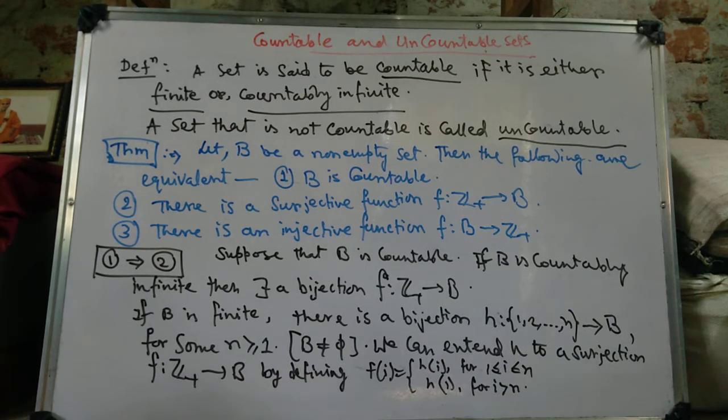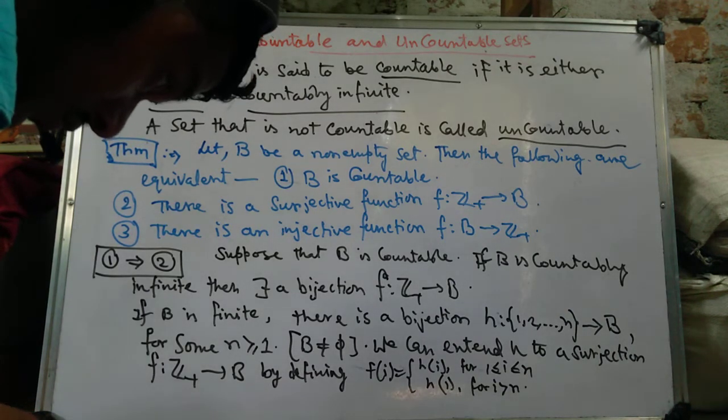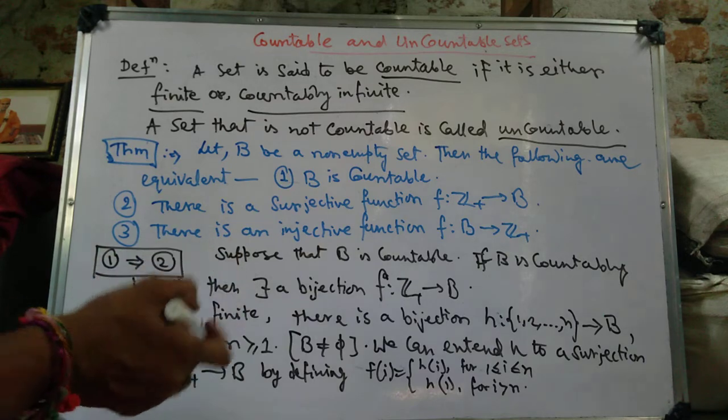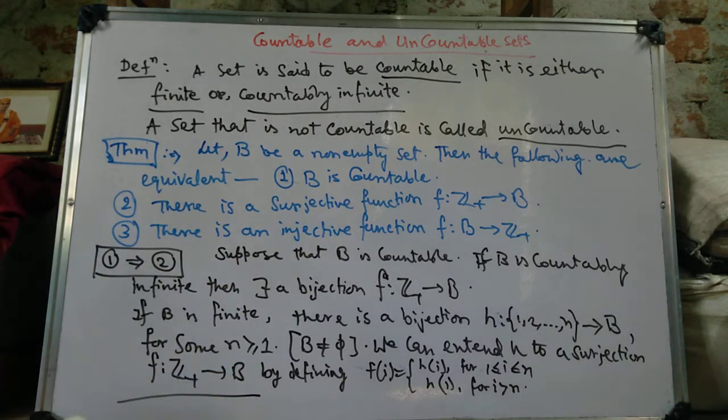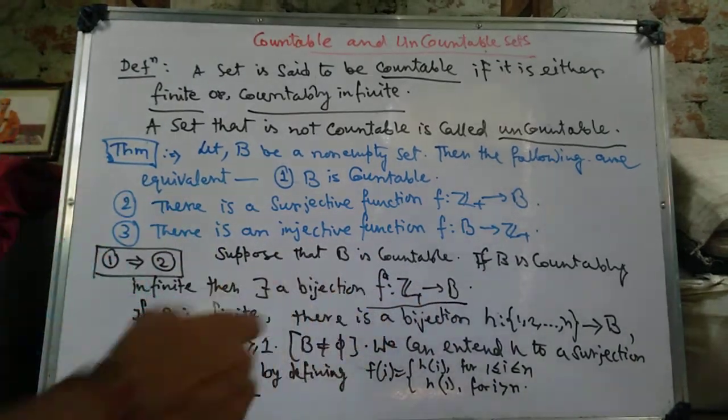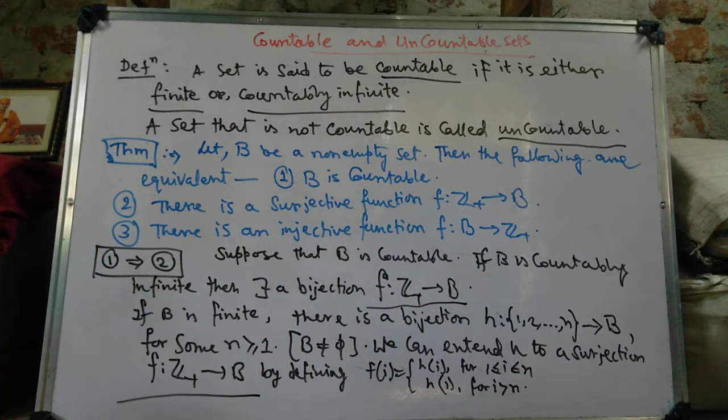Okay. Then if B is finite, there exists a bijection, and this bijection extends to f from Z plus to B. And if B is countably infinite, then there exists a bijection f from Z plus to B. Then we come to this conclusion: there is a surjective function from Z plus to B. Okay. Now we proceed further.